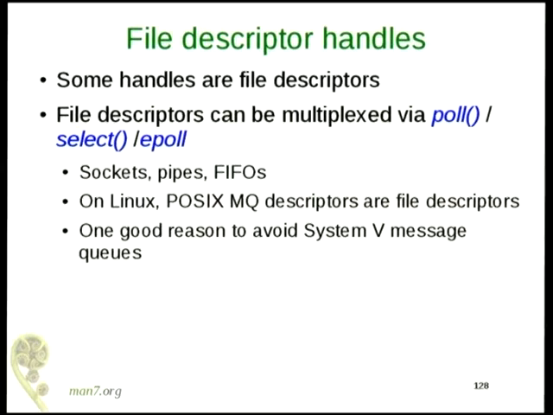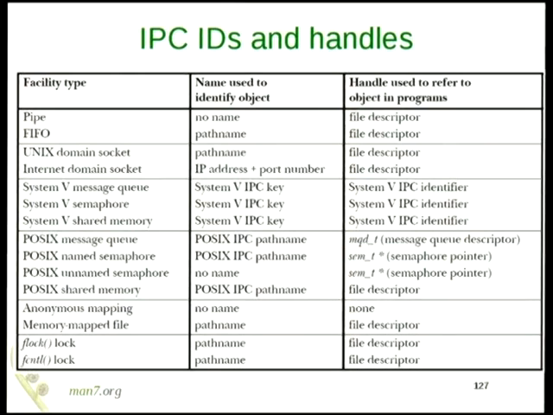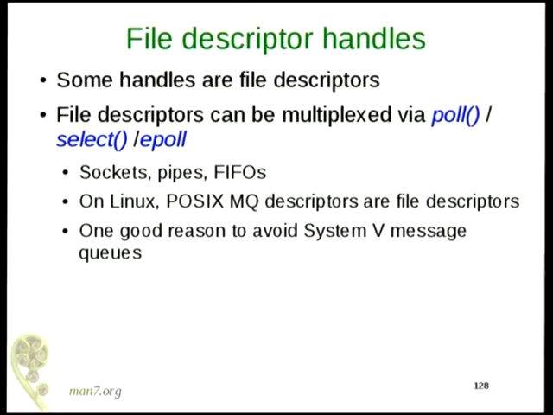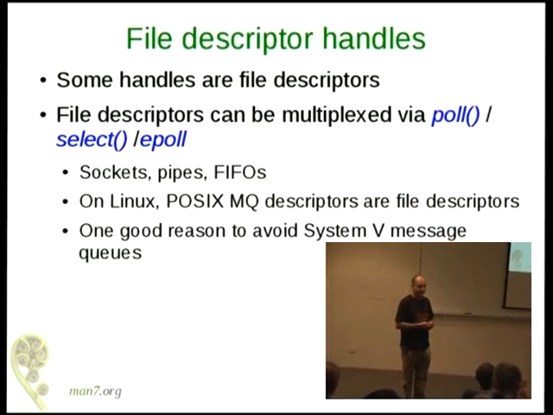One of the relevances of all of that is that the things that use file descriptors can be multiplexed. Any of those techniques that uses a file descriptor for data communication, so pipes, FIFOs, sockets, and message queues (a message queue descriptor really is a file descriptor), can be used with poll, select, and epoll, so that you can monitor multiple descriptors at the same time to see if I/O is possible on any of them.